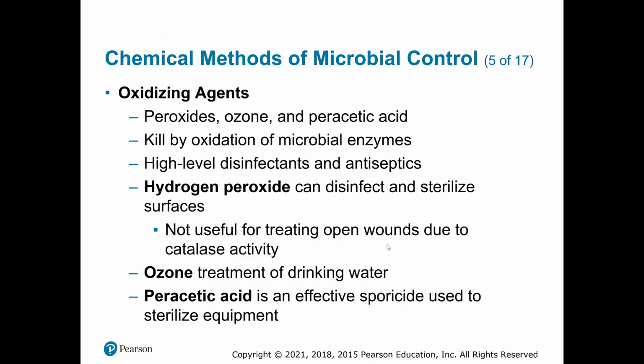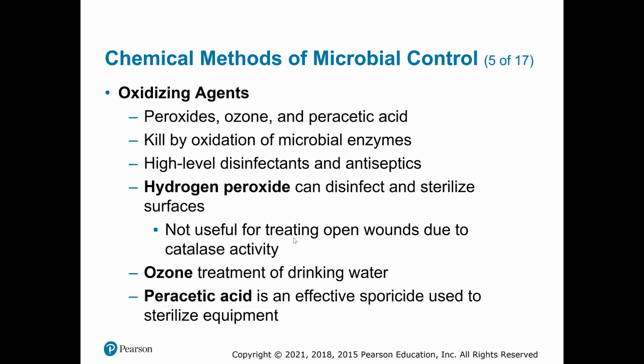Oxidizing agents. So they're going to affect enzymes in a microbe. They can be a disinfectant, they can be antiseptic. Examples, hydrogen peroxide. It can disinfect and sterilize surfaces. And this I found interesting when I first started teaching this class. This is where I learned that you can't and shouldn't really use hydrogen peroxide on open wounds.